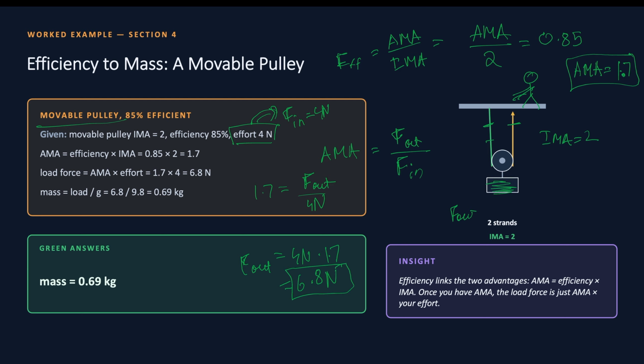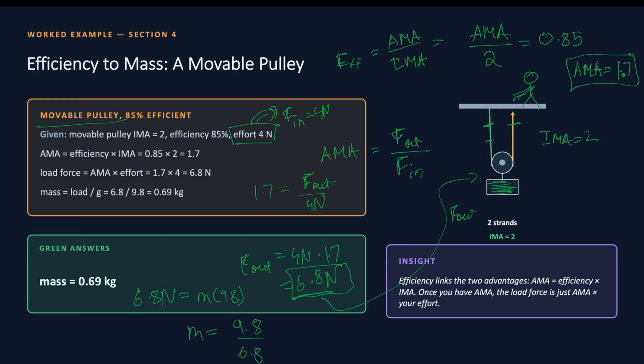If I want to find the mass of this block, then this is mg, right? The force of mg on this block. So force of gravity is equal to mg. 6.8 newtons is equal to m times 9.8. M is equal to 9.8 divided by 6.8, which should be about 1.